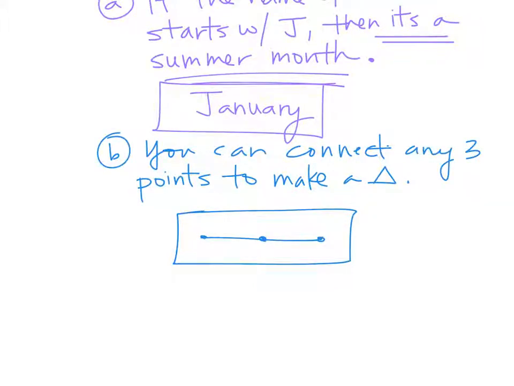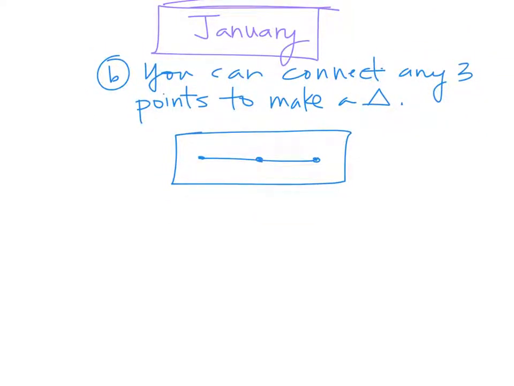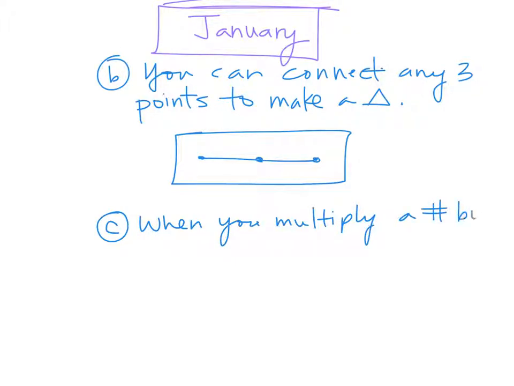Okay. Last one. What if we said, when you multiply a number by 2, the product is greater than the original.